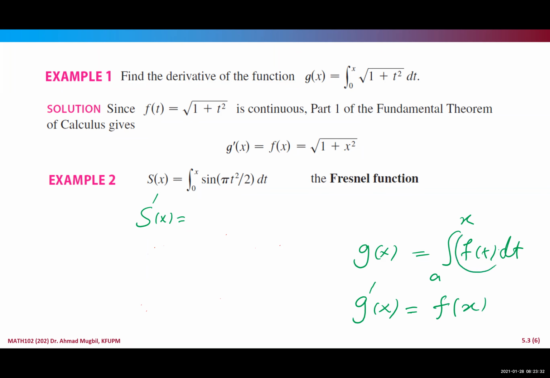Why is it so difficult, guys, for you to realize that? It is the same as the function inside, but instead of t write x. So this is our f. So it will be sine of pi, but instead of t we will have x, because here we have the upper limit x, over 2. This is the answer. You got it, Majid?